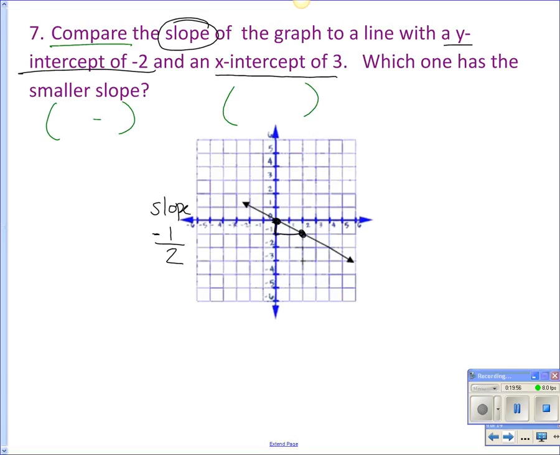You put -2 in the y spot. Anybody know what number goes here? 0. Very good. 0. For the x-intercept, you put 3 in the x spot. What do you put in the empty one? 0. Okay? All right. We're still doing slope.